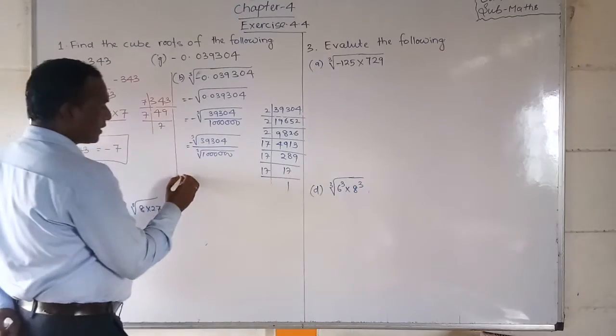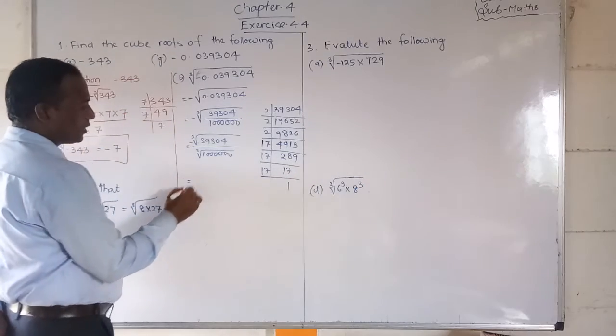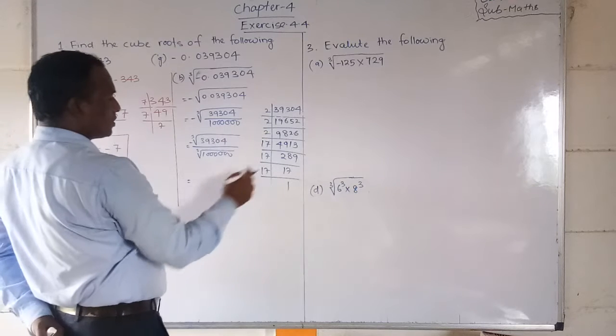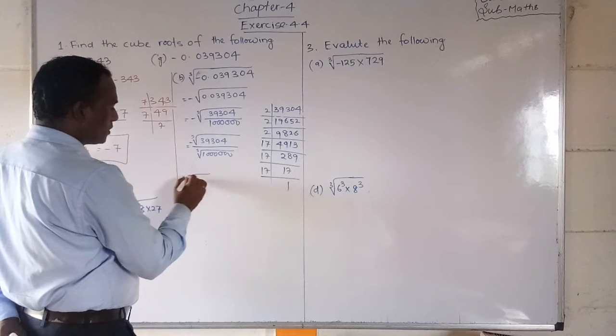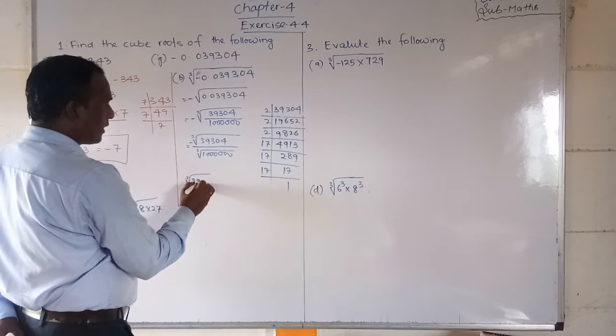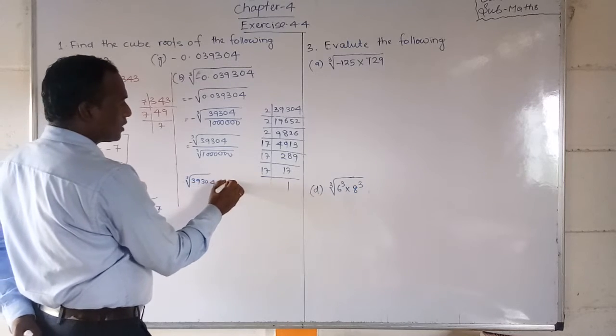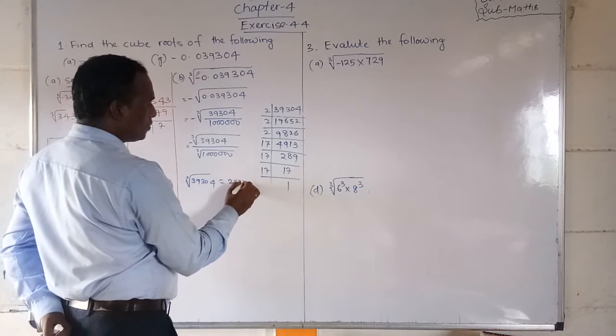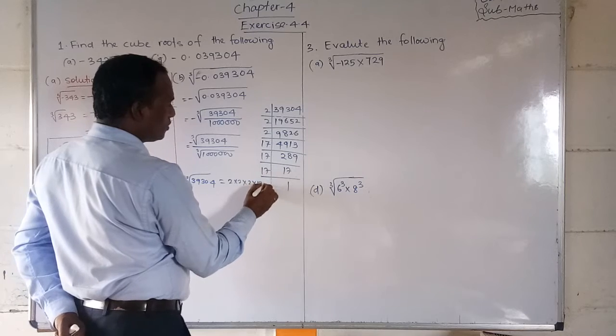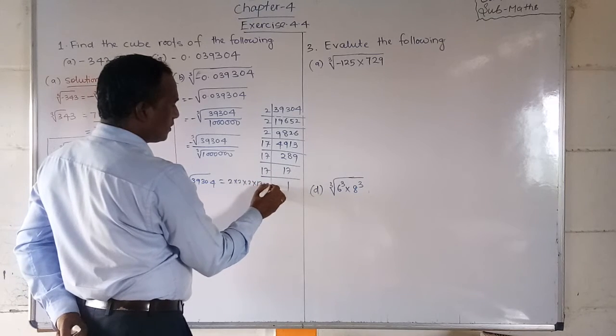So hence the cube root of 39304 is equal to 2 into 2 into 2 into 17 into 17 into 17.